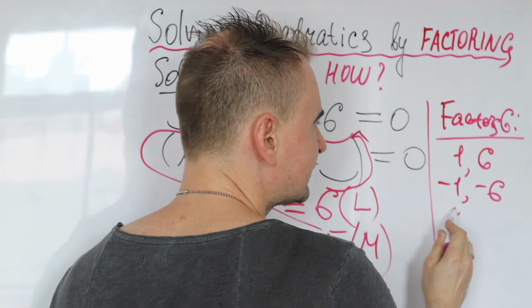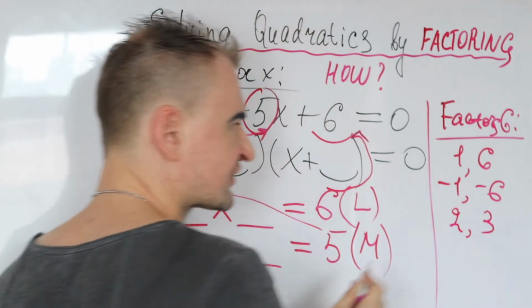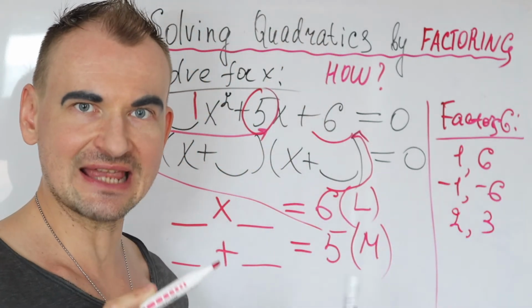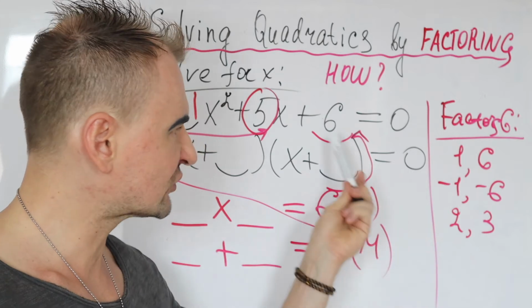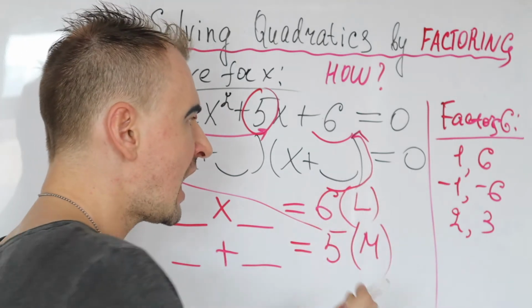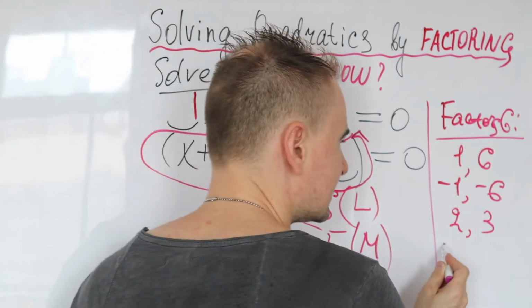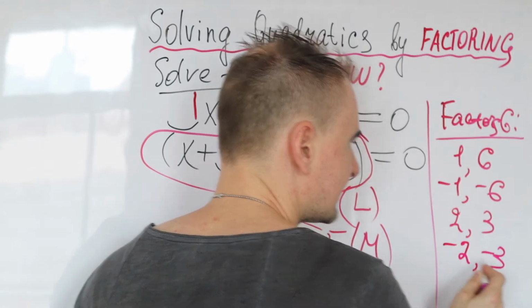Next, it's 2 and 3, since 2 times 3 gets to 6, and there also can be negatives, negative 2 and negative 3.